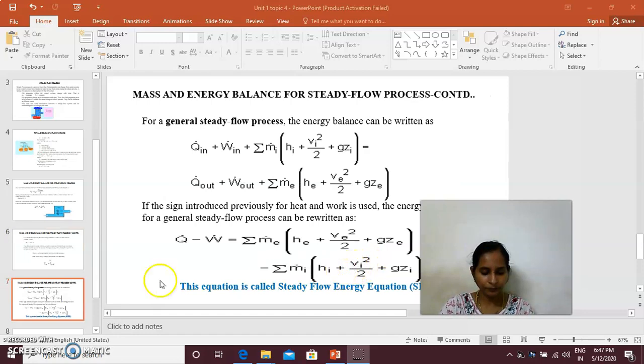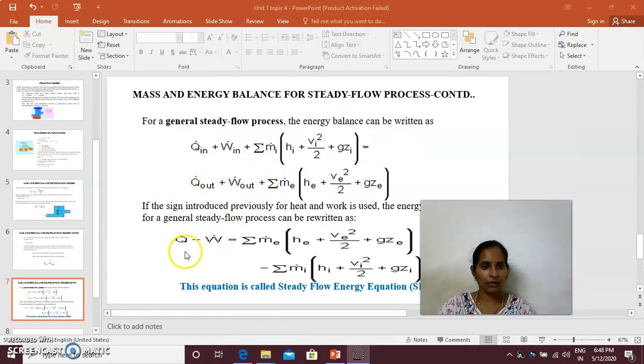Okay, now we will come to the general steady flow process. The energy balance can be written as heat given, work given to the system plus these energies, all these energies, is equal to whatever the energies and the mass which is coming out. Energies in is equal to energies out.